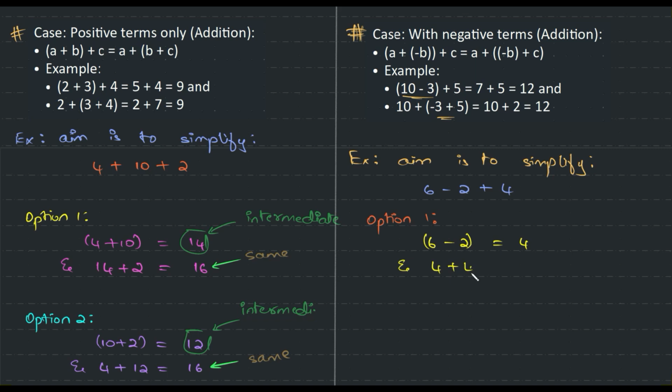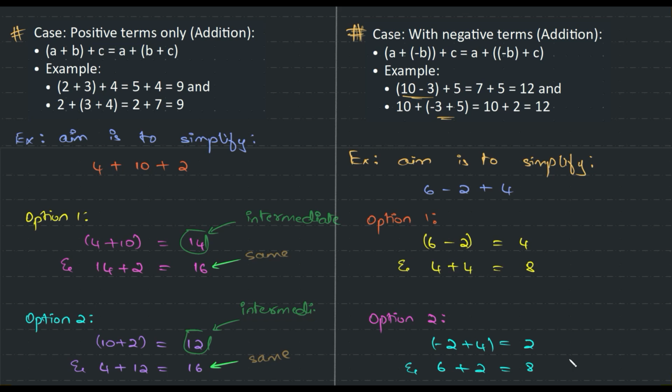And then 4 plus 4, the result of 6 minus 2 plus 4, so this will give me 8. Or I can do the following. Option 2, I can do minus 2 plus 4, that is 4 minus 2, which is equal to 2. And then we have 6 plus 2, right, which is equal to 8. Again, as you can see, the intermediate steps are different while the final answer is the same.